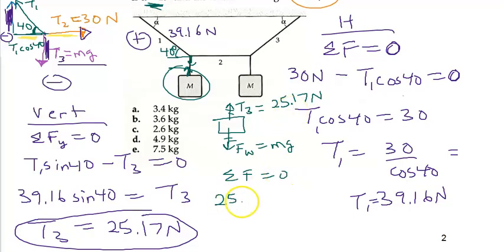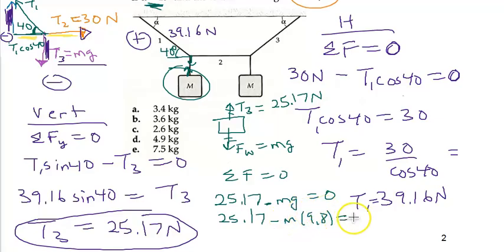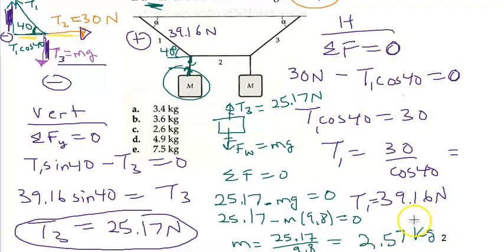So a positive 25.17 minus mg is balanced. So the mass is 25.17 over 9.8, which is 2.57 kilograms, which is answer C.